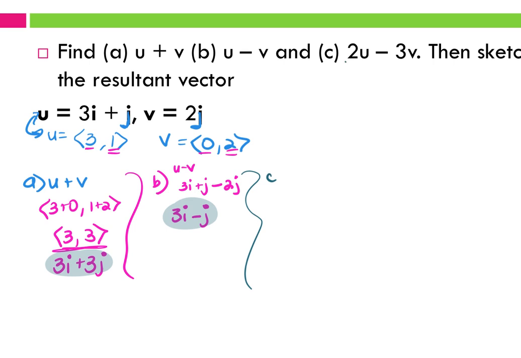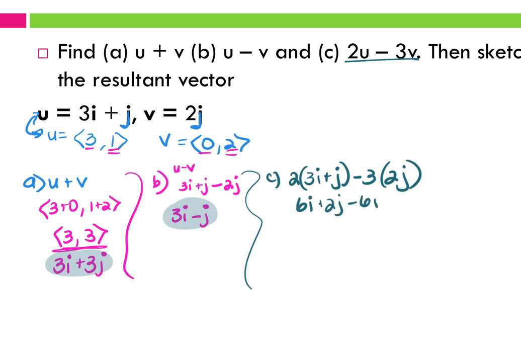C says 2U minus 3V. So I can actually do 2 times U, which is 3I plus J, minus 3 times V, which is 2J. Then I can distribute. I'd get 6I plus 2J minus 6J, and I get 6I minus 4J.